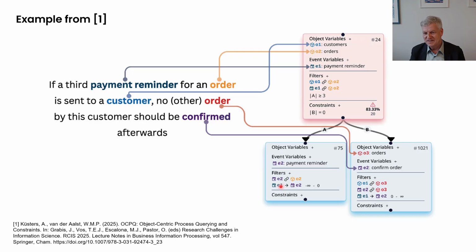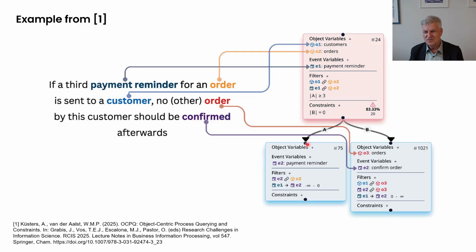The other filter describes that we look at the difference between E1 and E2, and this should be negative or 0. That means E2 is happening before E1 or at the same time as E1. So with E2, we are ranging over payment reminders, not after E1, but before E1, including E1 itself. That's what we write down here.